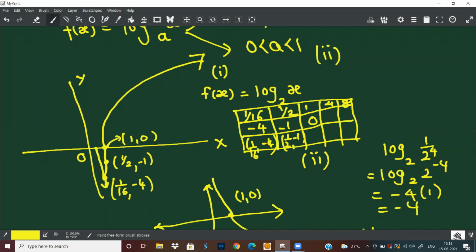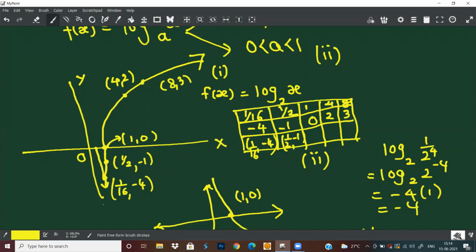Now log 4 to the base 2 is going to be 2. So your next point will be (4, 2). If the value of x is 8, it is 2 cubed, so it's going to be 3. (8, 3) means it goes on and on.